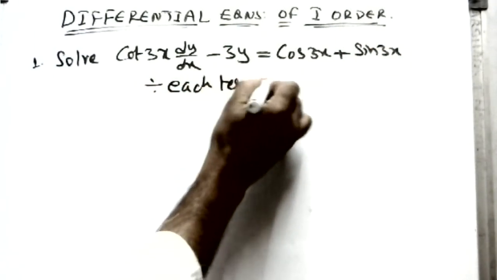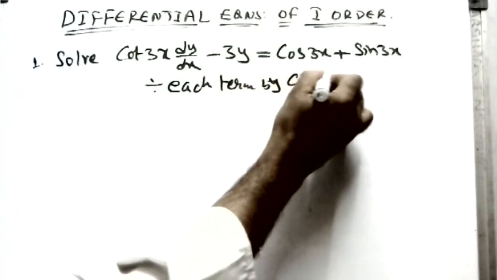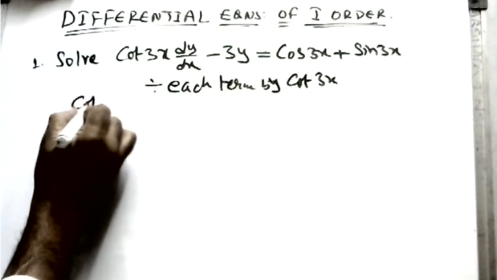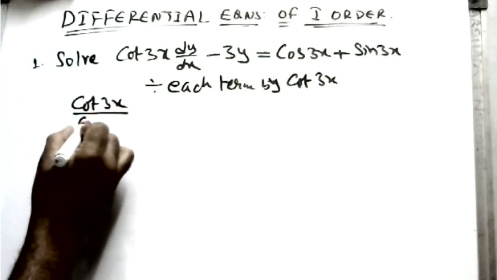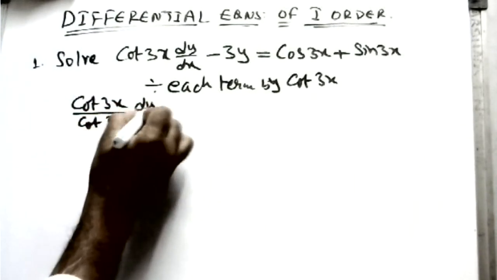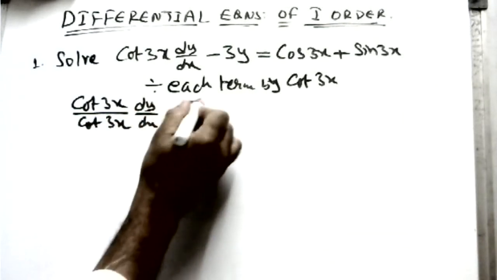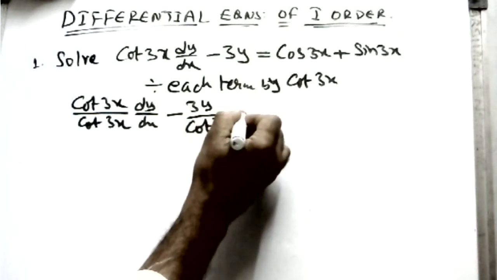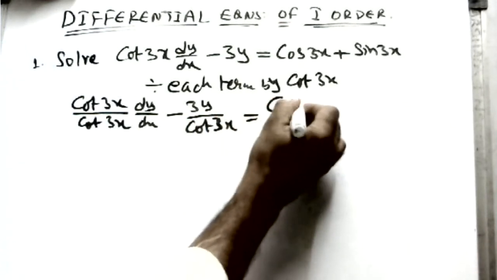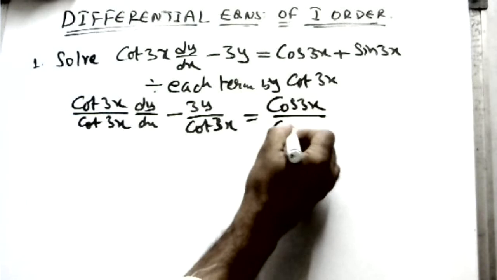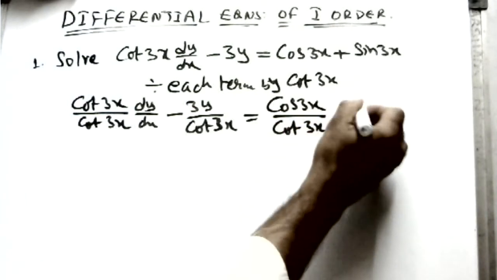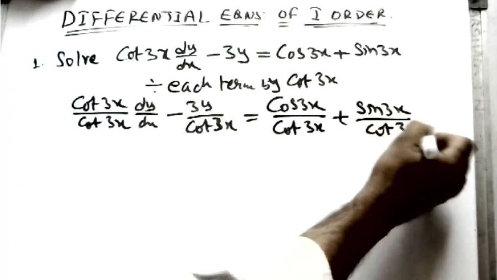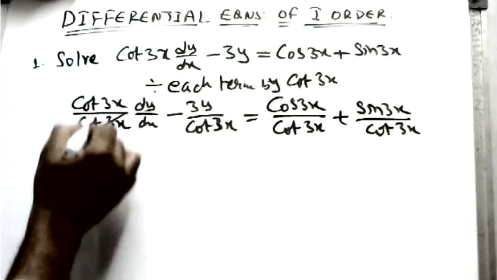Dividing each term by cot 3x, so we remove this cot 3x. Let me write this: cot 3x by cot 3x dy by dx minus 3y by cot 3x equals cos 3x by cot 3x plus sin 3x by cot 3x.